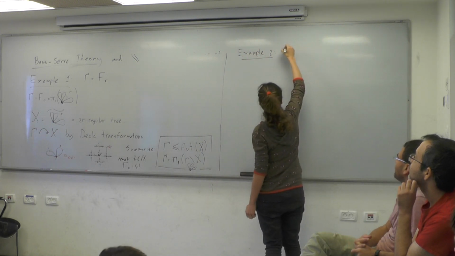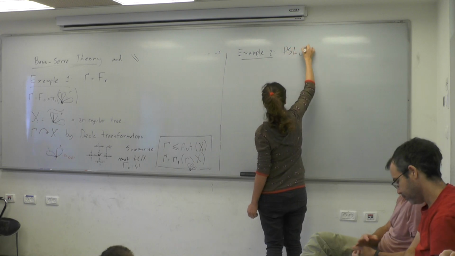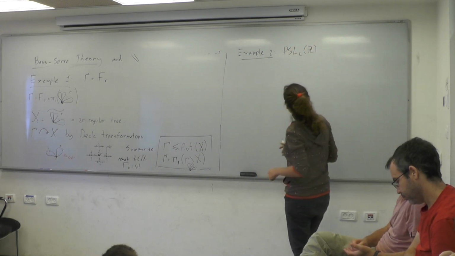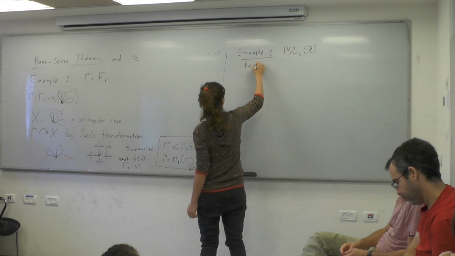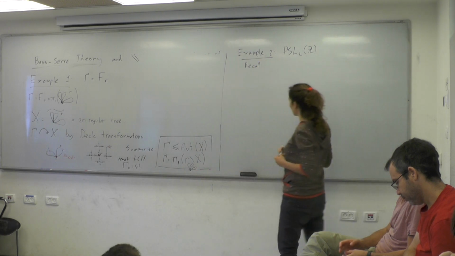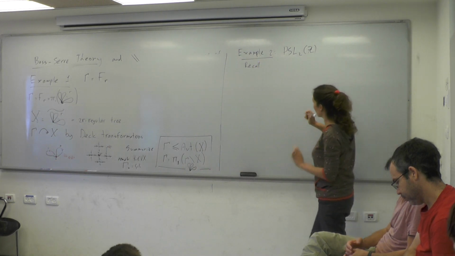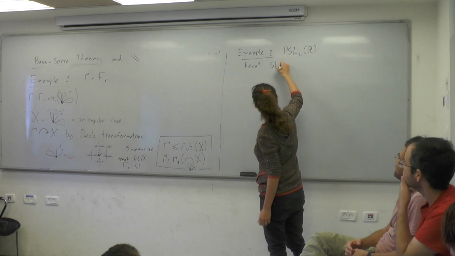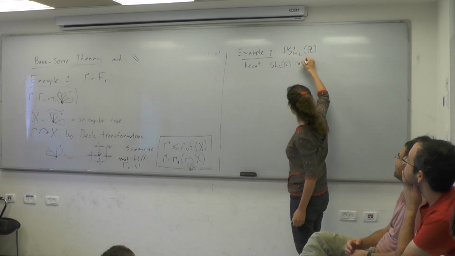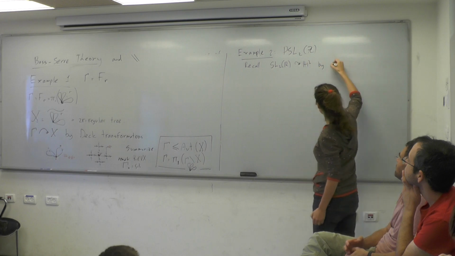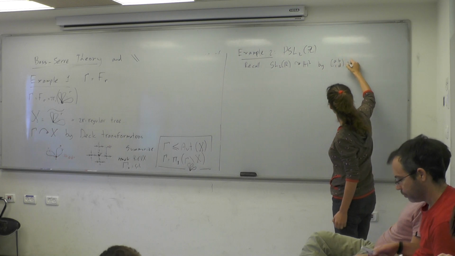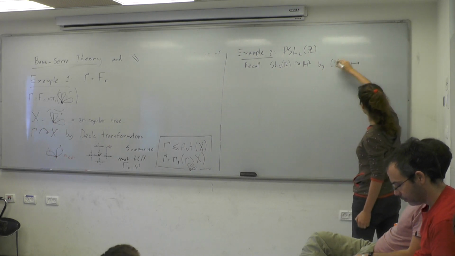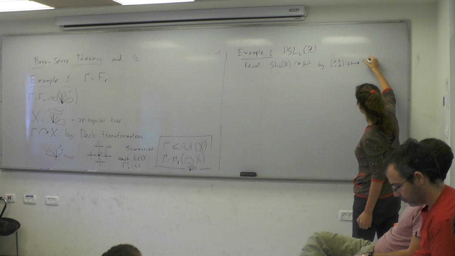That is the group PSL2(R), PSL2(Z). Recall, we already discussed it a few times, but let me write the main things that we know. SL2(R) acts on H2 by Mobius transformations. A matrix sends z to (az+b)/(cz+d).